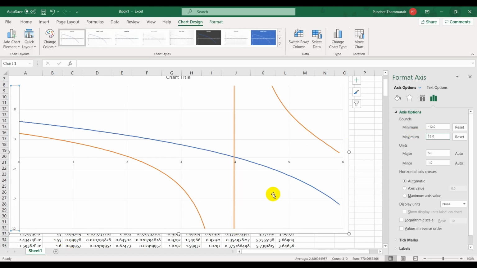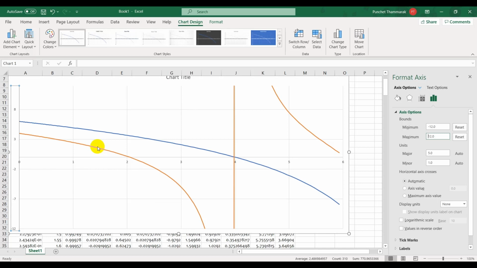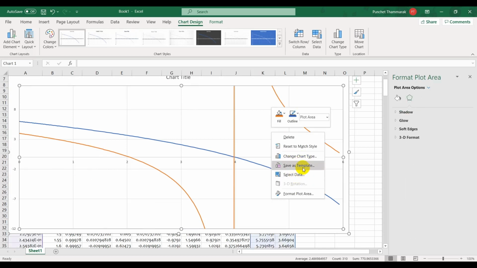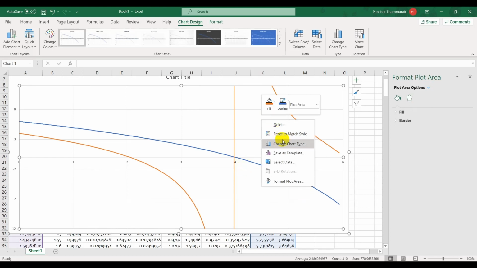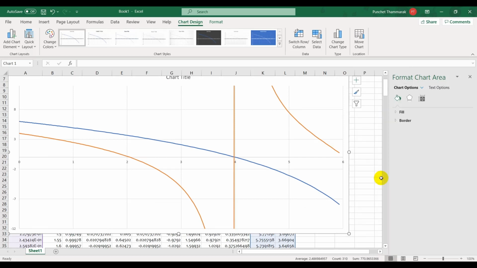Okay, we use it in just this region, so you don't need to go up to infinity and then you cannot see anything down here. You can even put this in the format plot area, change it, move chart, or what is that?